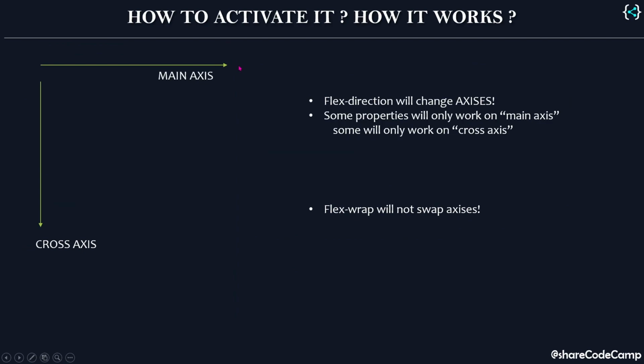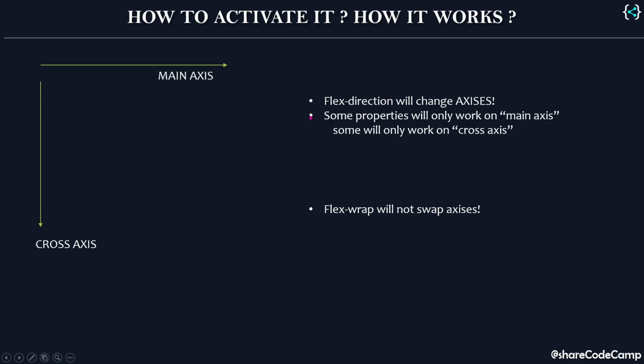Let's move on. When it comes to flex, you really have to know these things: main axis and cross axis. These are the default behavior and they can change. This is important. They are not fixed and they are going to be changed with the flex direction property. We will come to that.